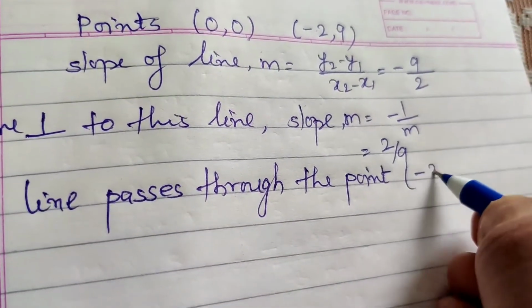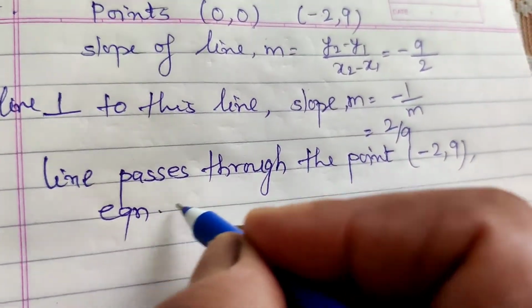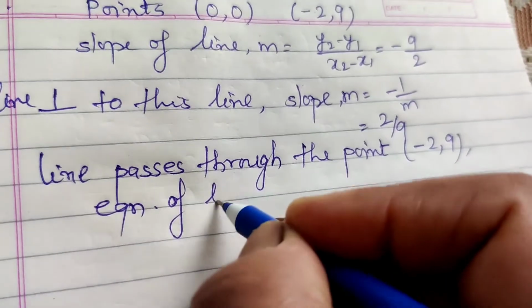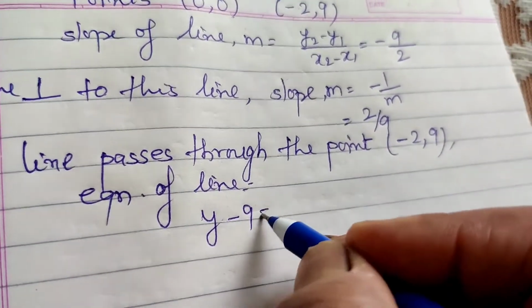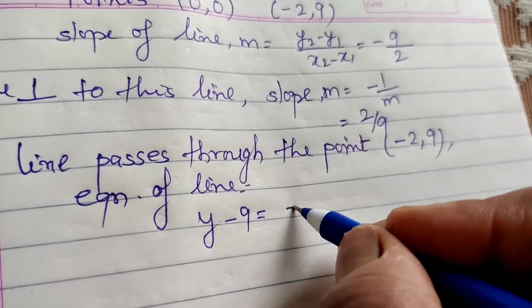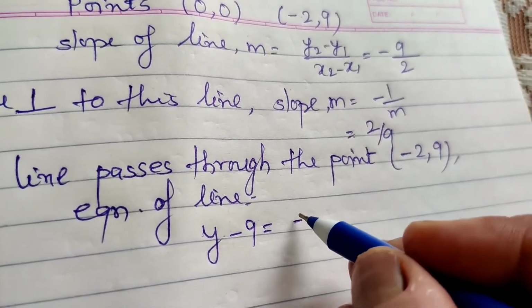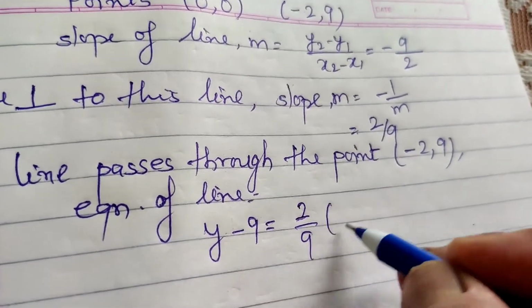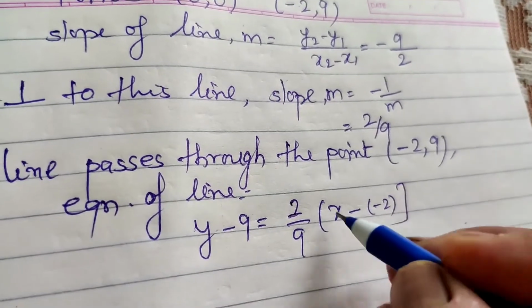Minus 2, 9. It means the equation of the line is y minus 9 equal to m, which is 2 by 9, times x minus minus 2, which means x plus 2.